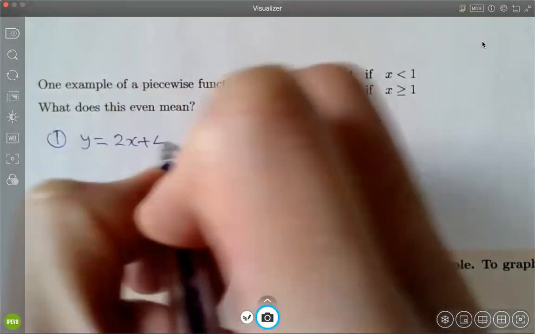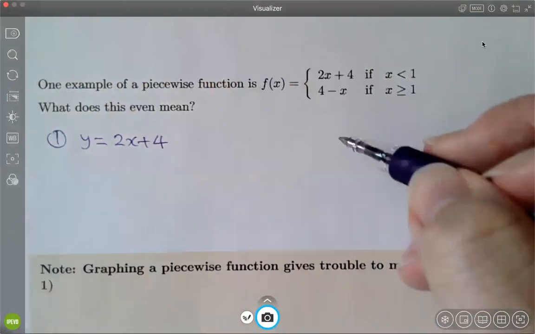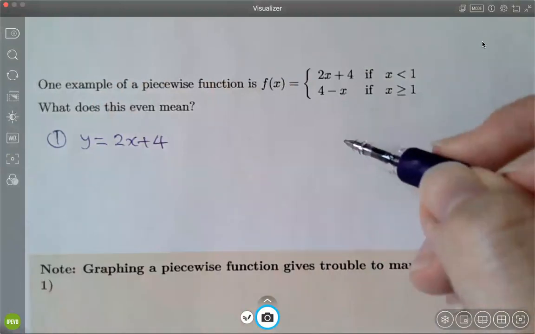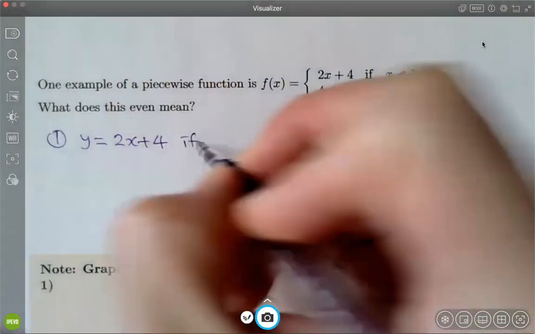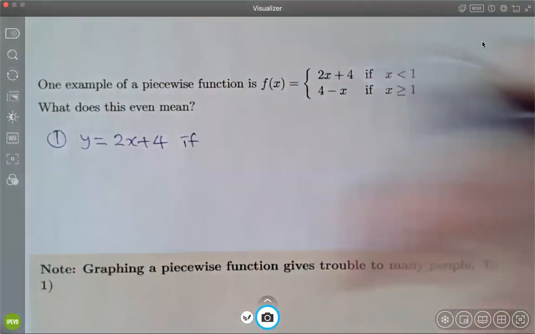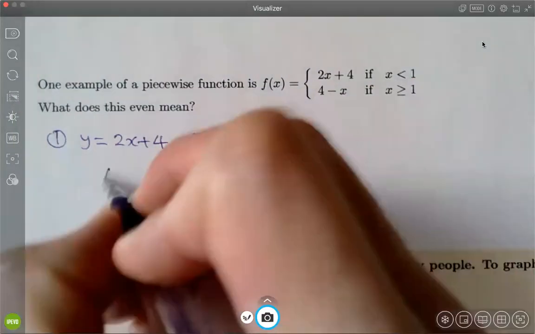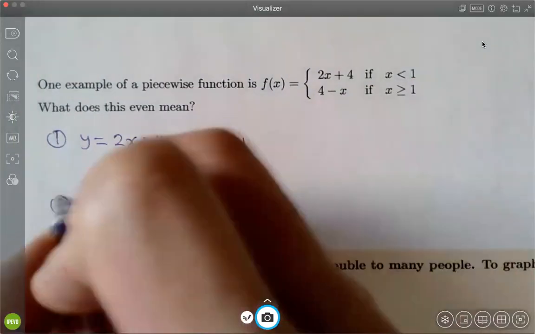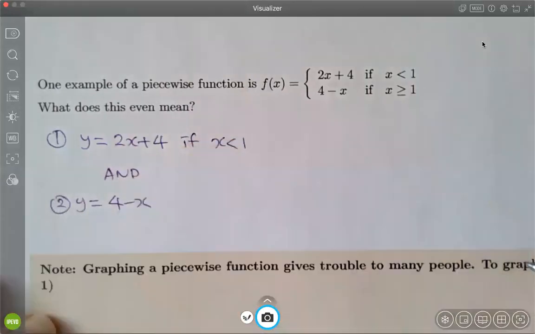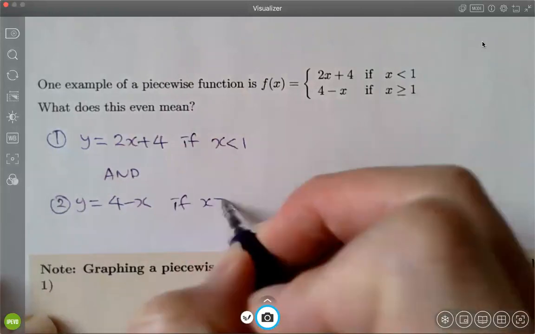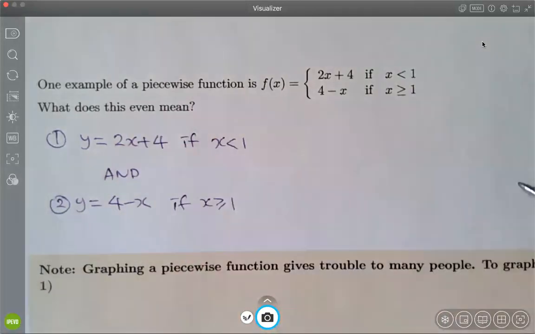Remember f of x is the same thing as y, right? That is true when x is less than 1, so when your input is less than 1, and your function formula changes into 4 minus x if your x goes beyond 1. Now that's what it means.